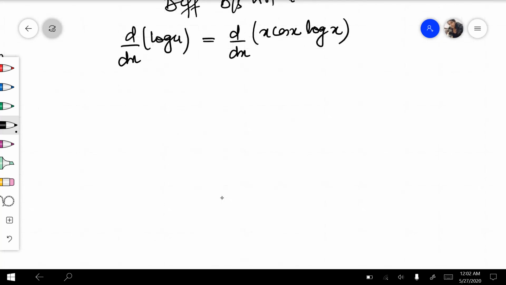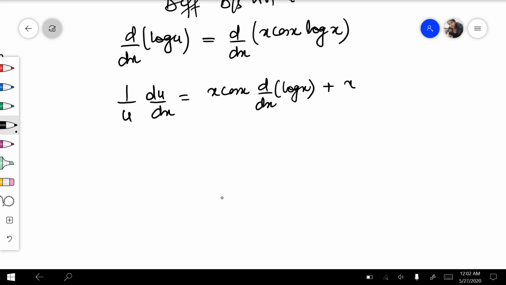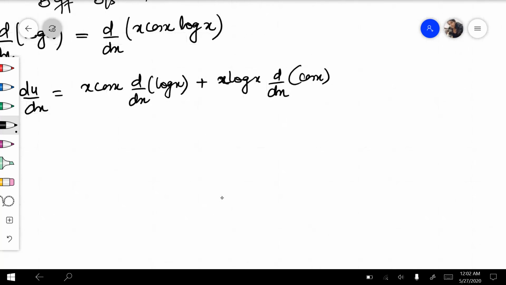So the differentiation of log u is 1 upon u into du upon dx, which is equal to x cos of x into d by dx of log of x plus x log of x into d by dx of cos of x plus cos of x into log of x into d by dx of x.